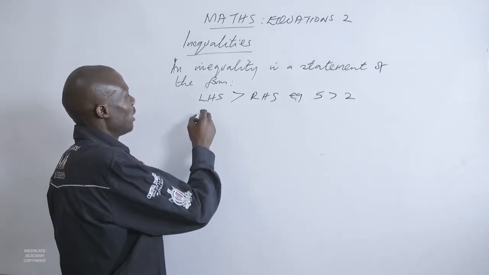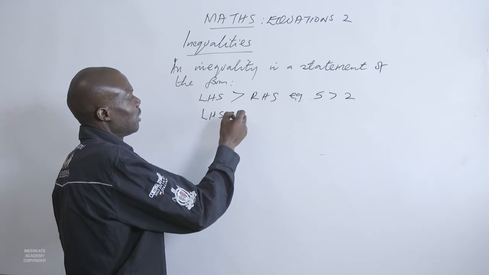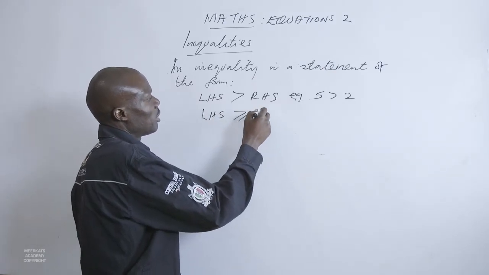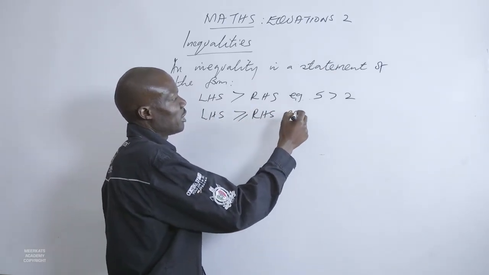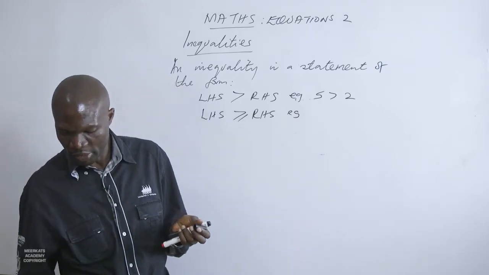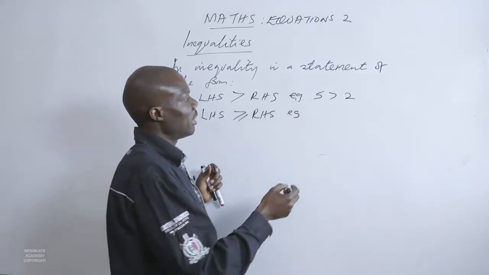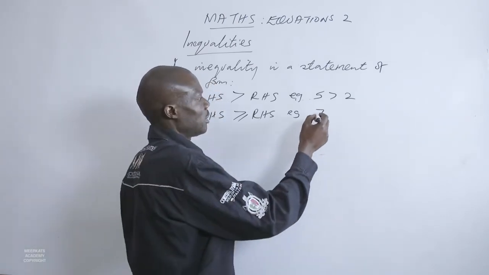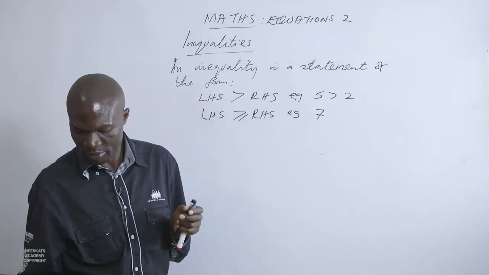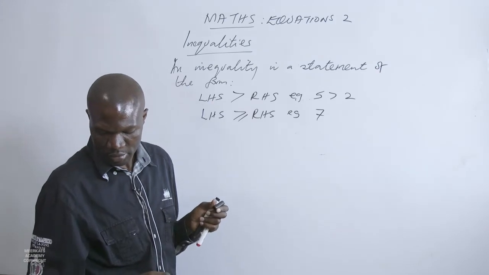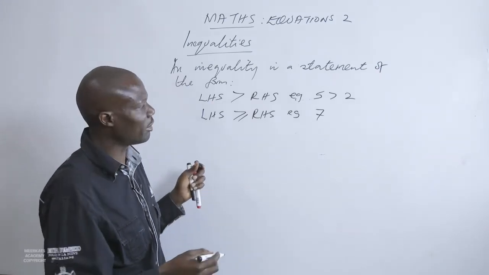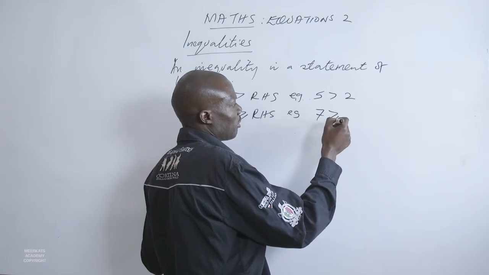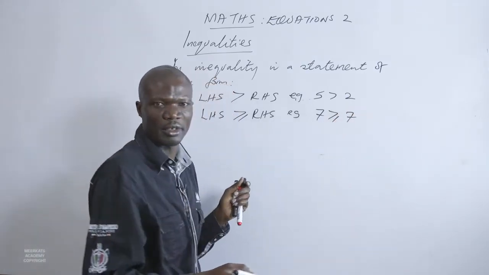We can say left-hand side is greater than or equal to right-hand side. For example, if I take 7, you can say that 7 is greater than or equal to what? To 7.